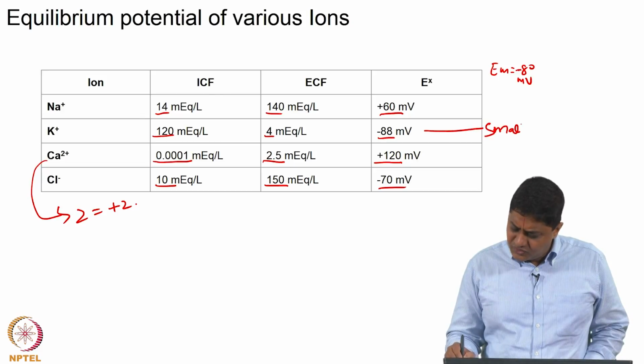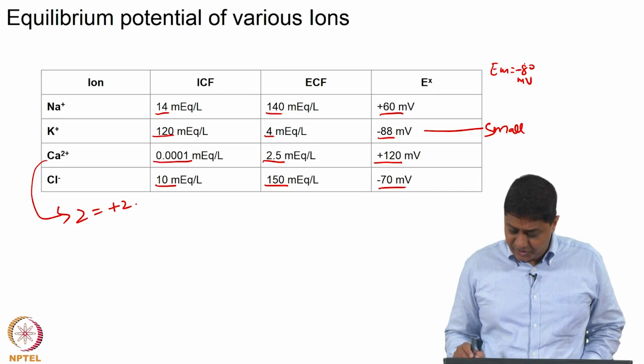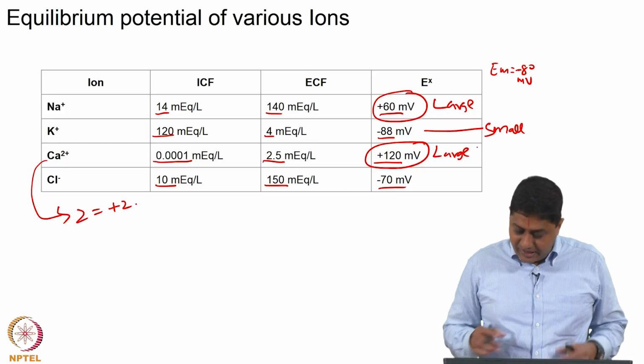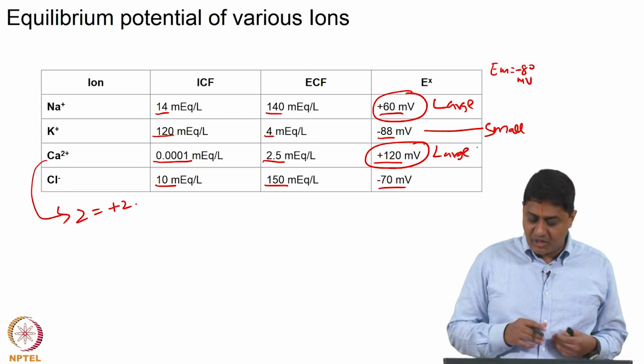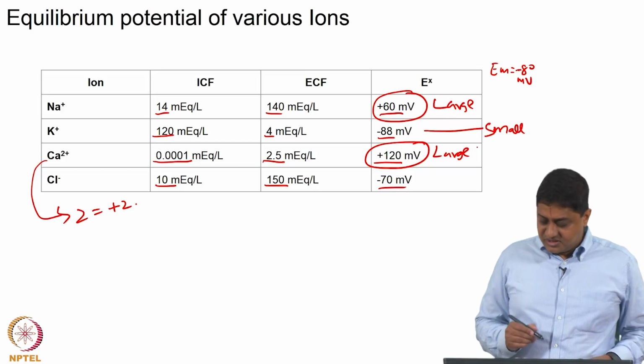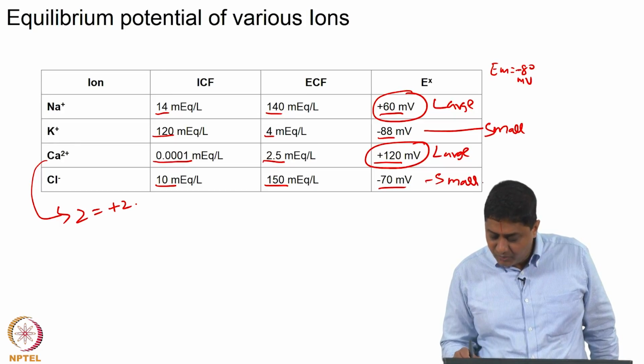The membrane potential is already close to the equilibrium potential, whereas these two will have large movements, or in other words, if there is a possibility of an opening, if there is a possibility for movement to happen, then a large amount of movement will happen, right. Something to remember. Relatively, this will also have a small amount of movement.